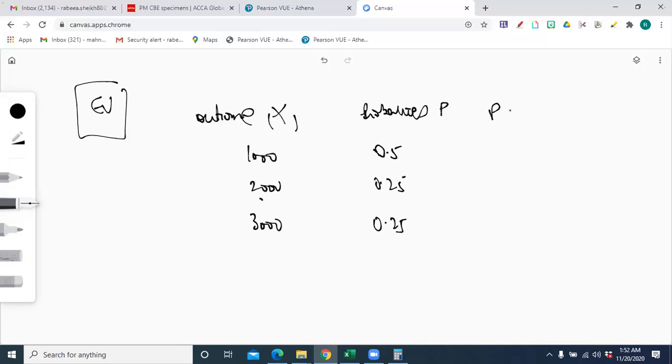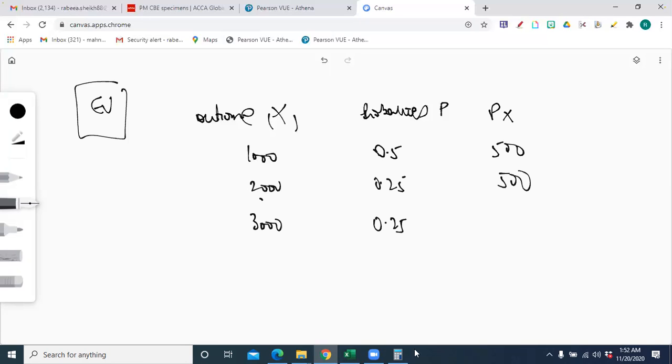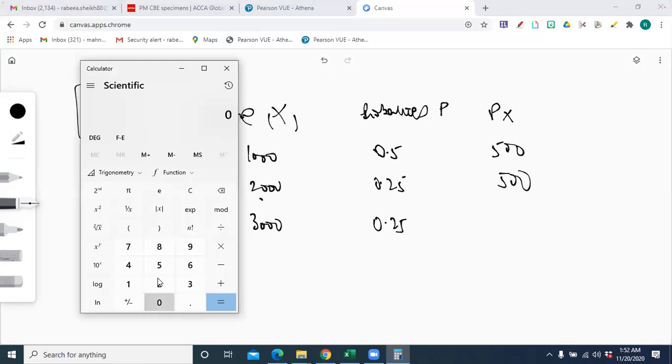So how to calculate expected values: P times X of all the outcomes. Okay, these are the outcomes, P times X of all the outcomes. For example, here it's 500, then 25% of 2,000 is 500 as well, and 25% of 3,000 is 750.